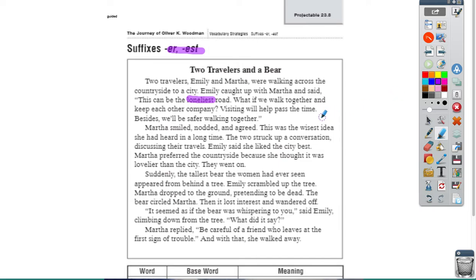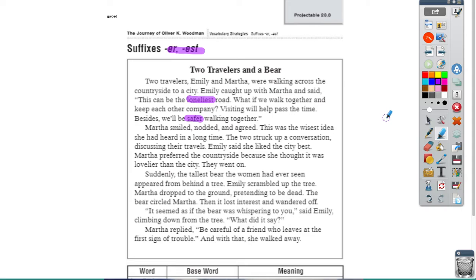I'm going to keep reading. Don't forget those flashing light bulbs. What if we walk together and keep each other company? Visiting will help us pass the time. Besides, we'll be safer walking together. Great job, guys. The word is safer. The base word we have is safe, and then we add suffix er, which means, that's right, more safe.